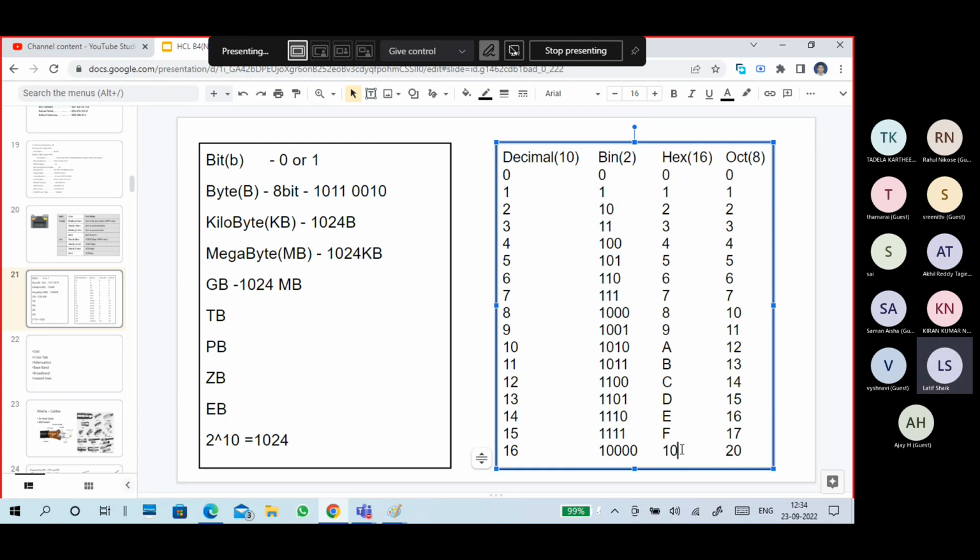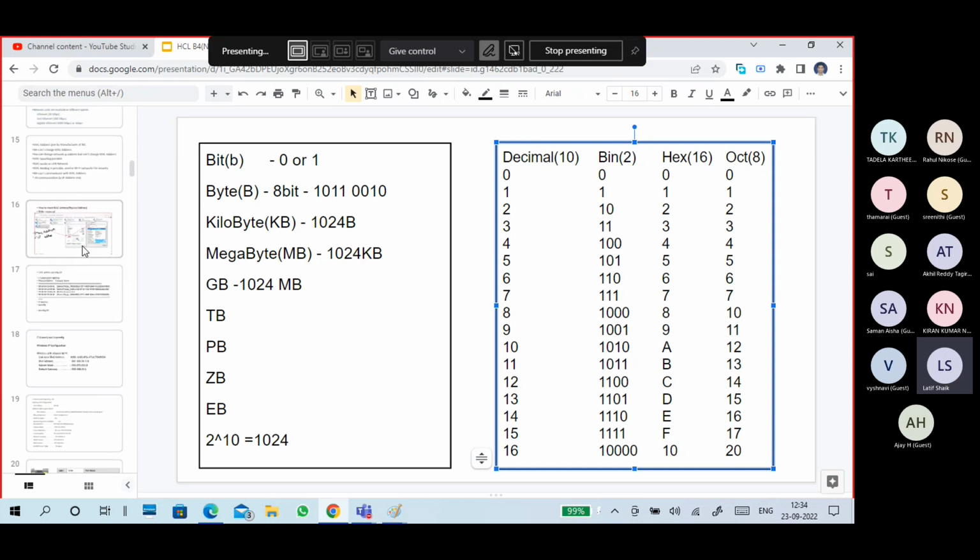So hex 10 means 16, 11 means 17, like that you have to calculate. Hexadecimal numbers have digits 0 to 9, that is 0, 1, 2, 3, 4, 5, 6, 7, 8, 9, and A, B, C, D, E, F. Maximum is F only, not G, H. That kind of thing is not in hexadecimal numbers.